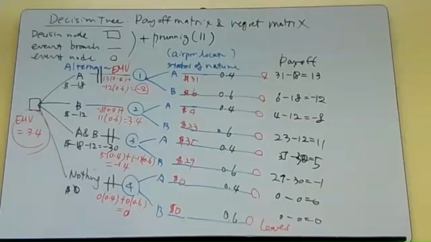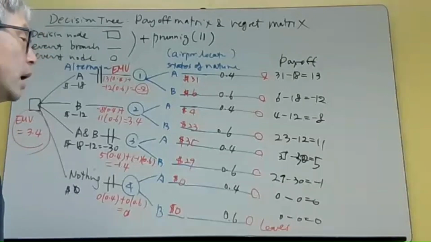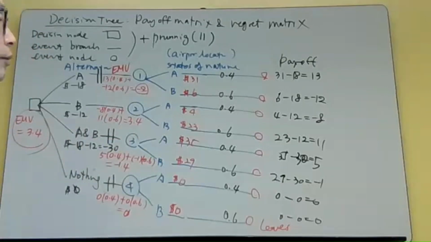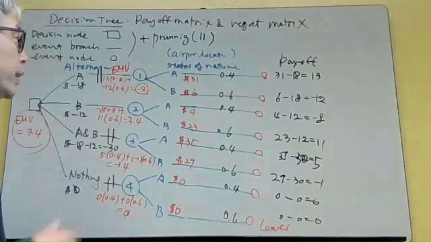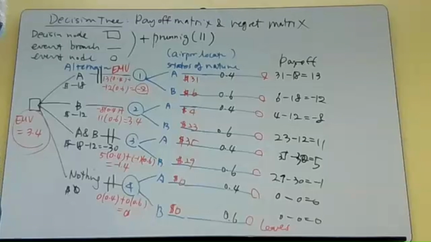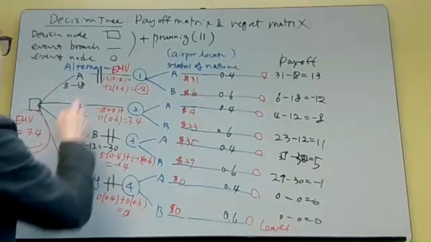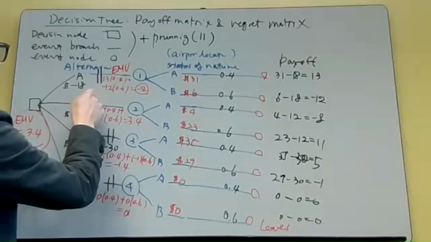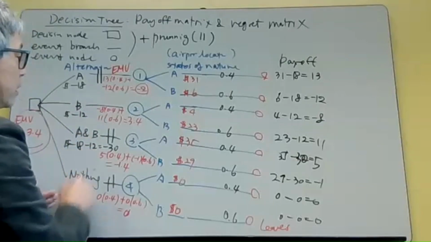Yeah, some software will generate this, but Excel doesn't have this feature. So I just drew this decision tree diagram manually, and I demonstrated how to calculate payoffs and also the rolling back approach to calculate EMV with the pruning approach. So this is a single-stage decision problem because we only have one decision, right? One decision means alternatives of location A, location B, locations A and B, or buy nothing.